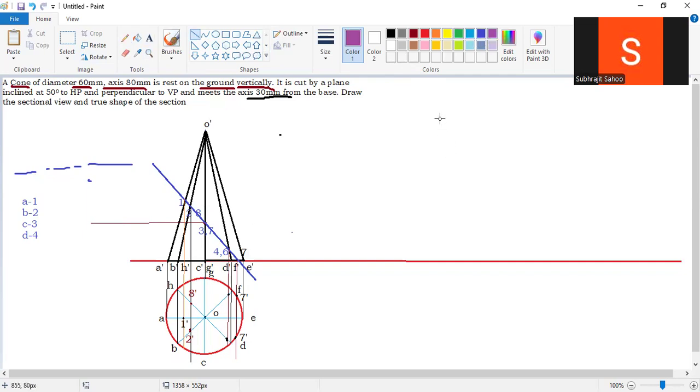Okay, I'll use the green color. So from this, you draw the projection line, right? Like this the line will come, right?